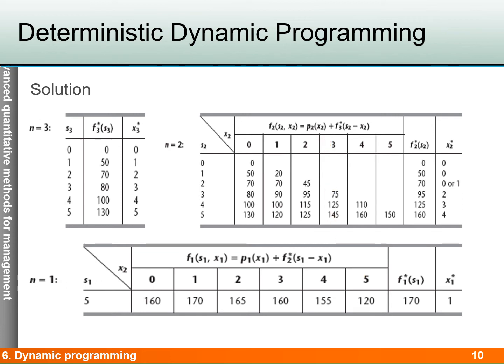So guys, let's check the solution. The solution says at level 1, this 170 comes from x1. This x2 is not correct, it is x1. This x1 is 1, because this 170 comes from this one, as an allocation of 1 unit to this country.